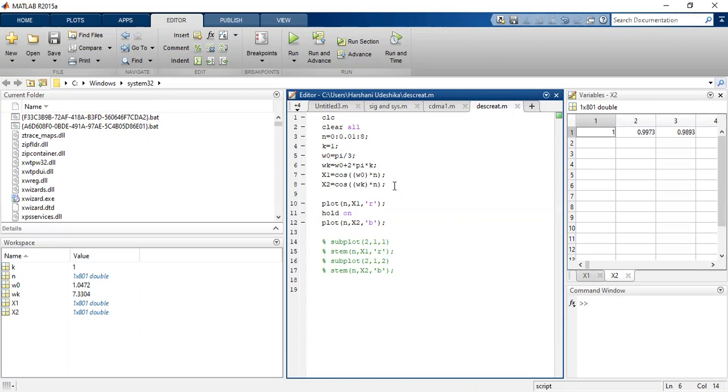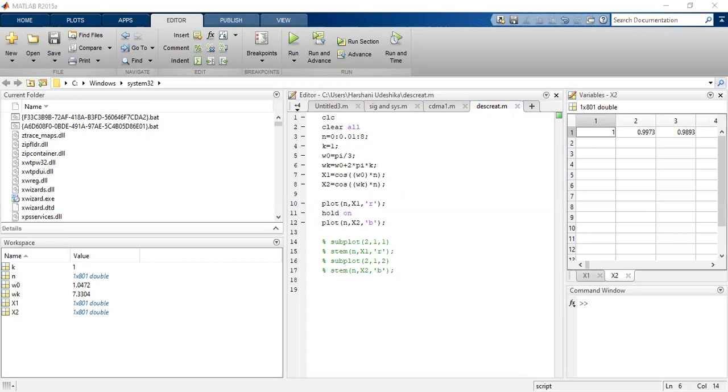So it is 7 times greater than the low frequency signal. So here we get 7 cycles: 1, 2, 3, 4, 5, 6, 7 cycles there.